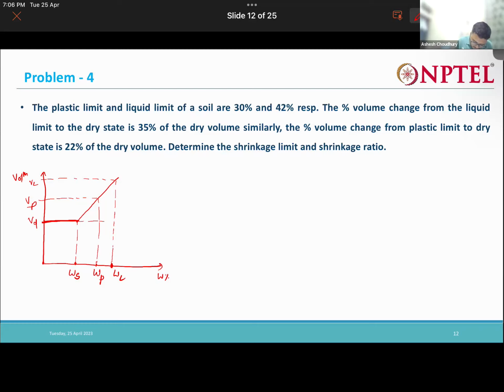So this much is nothing but VL minus VD, right? And this much is nothing but, sorry, not this one.